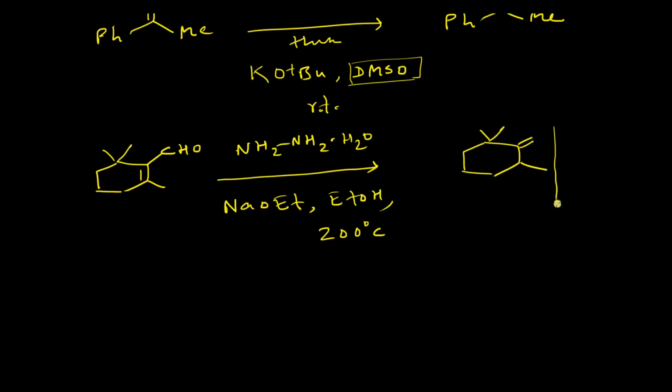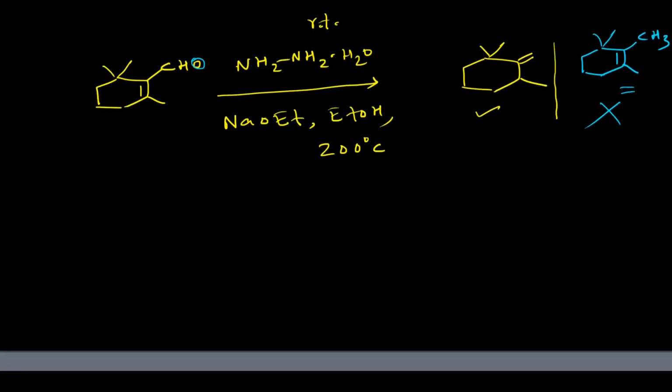However, considering the mechanism, the product should be this one. Right? So this oxygen atom should be replaced by 2 hydrogen atoms and this should be the product, but it was not found and this is actually the product.